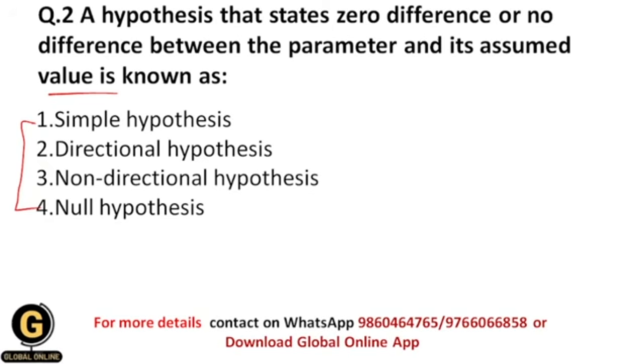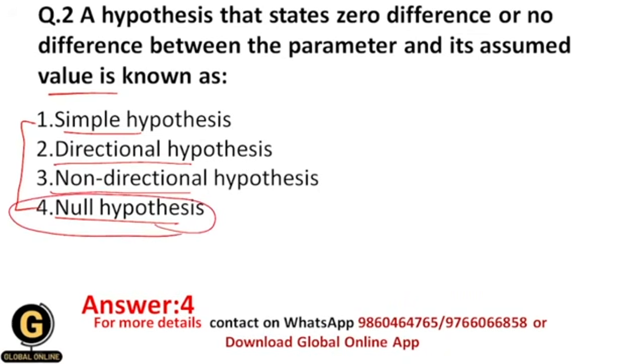Whether it is simple hypothesis, directional hypothesis, non-directional hypothesis, or null hypothesis. So obviously students, as we have seen earlier, it is called the null hypothesis. Within the null hypothesis we predict that there is no effect or there is zero difference between the variables under the study. Okay, and that's why your correct answer is 4, that is null hypothesis.